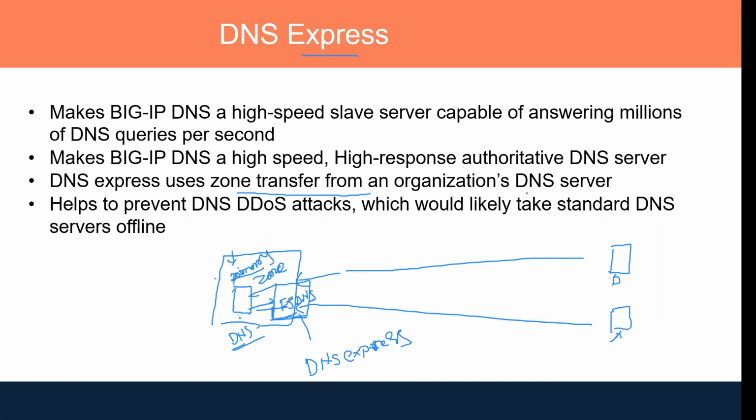So for netminion.org as well, your F5 is going to respond. This DNS Express feature makes your F5 DNS a high speed, high response, authoritative DNS server, and it uses the zone transfer feature to host the same copy of the file which is on the primary, and it can resolve the domain names.